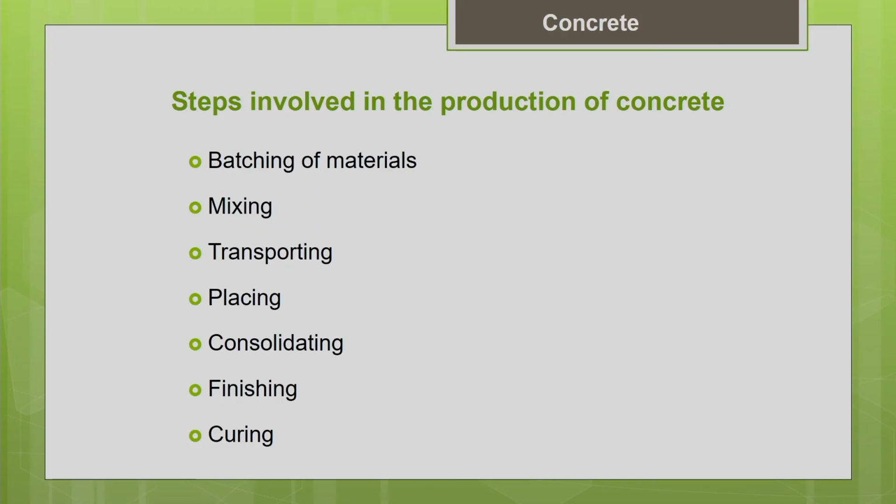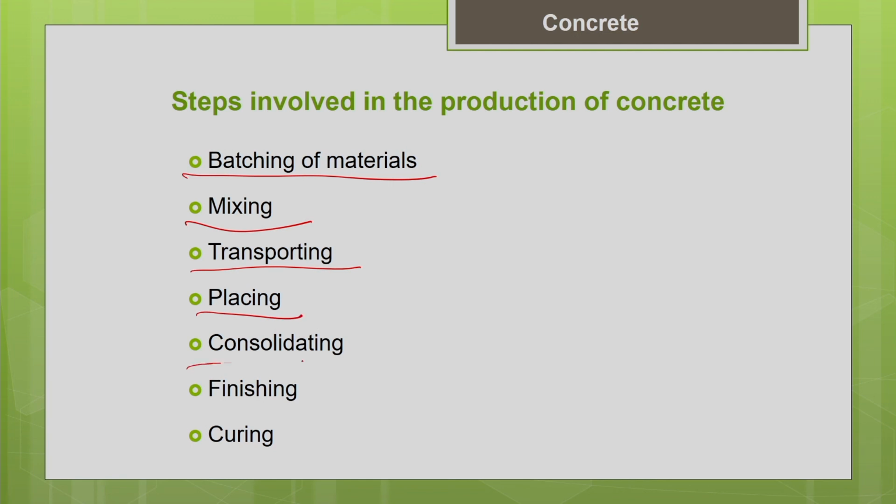Once the mix design is done, the next step is batching. You have to measure the ingredients, that is what batching is, and then mix it. We can use mixer machines to mix the concrete, and after mixing you transport it to the place where you need to cast your concrete. Then place it, then consolidate it.